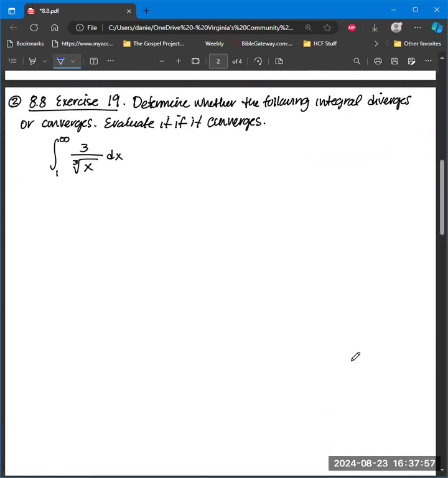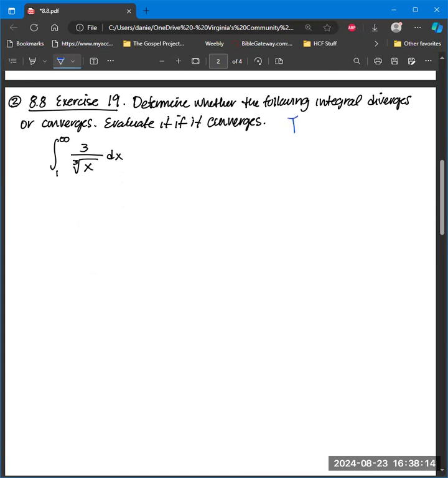All right. Determine whether the following integral diverges or converges, and evaluate it if it converges. So this is related to a p-integral.